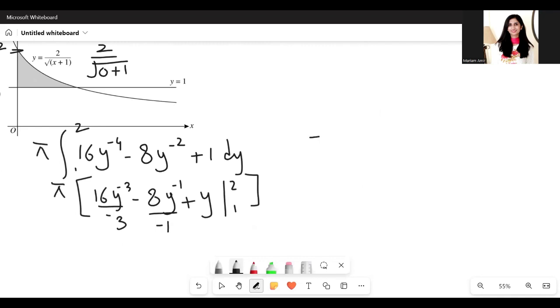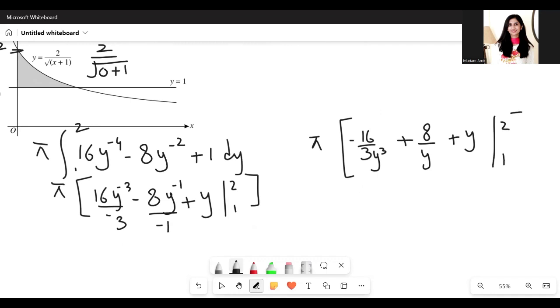We have pi still outside, negative 16 over 3, y cube can be brought down. Then the minus gets cancelled, 8 upon y, and then we have a y. And in this, we have to substitute 2, write our answer. Put a negative sign, then substitute 1. Let's plug in these and see what we get.